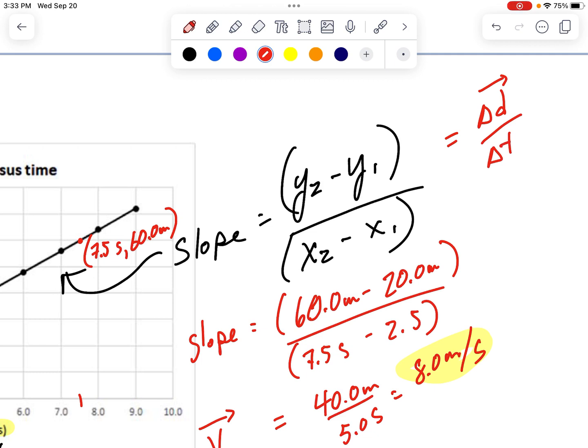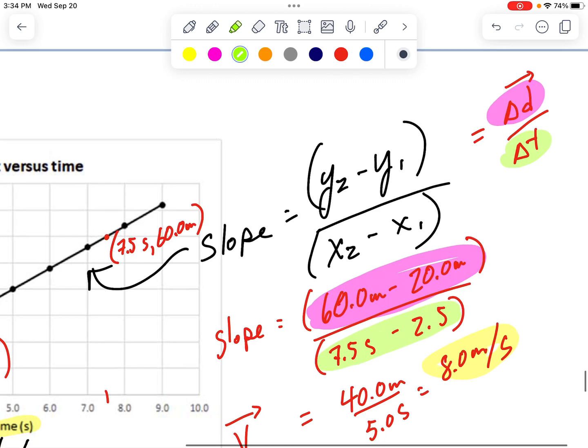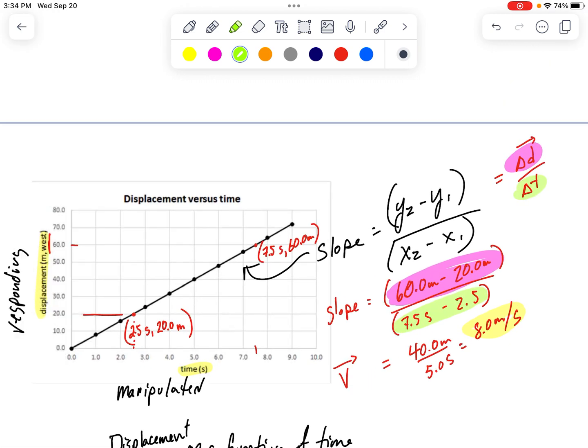Our change in displacement here is these values, and our change in time is here. By paying attention to the units that we've got and what they stand for, we can see that the slope of this particular graph is going to give us velocity.